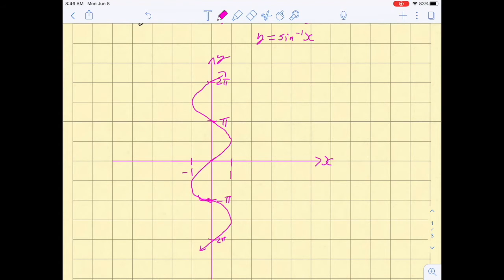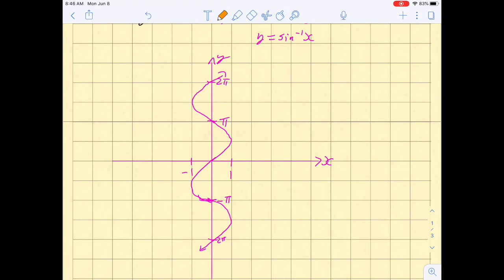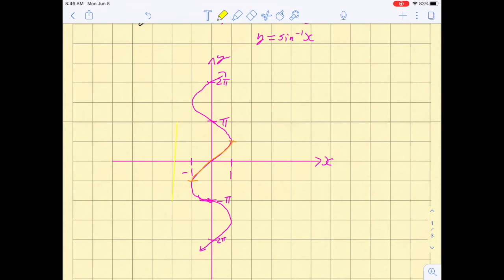So look where we choose to restrict the domain. So on sine, they said, well, what if I just took a segment of it from here to here? That little segment is a function because it doesn't cross. It passes the vertical line test. If I draw a vertical line, let's draw a little vertical line.